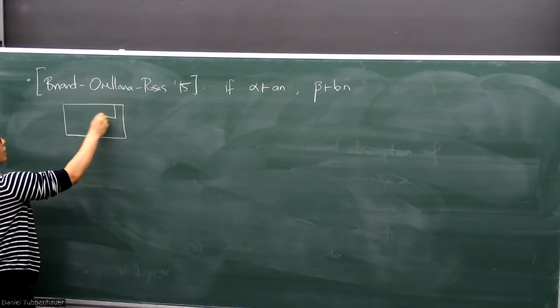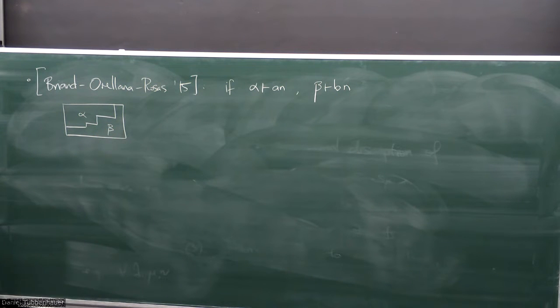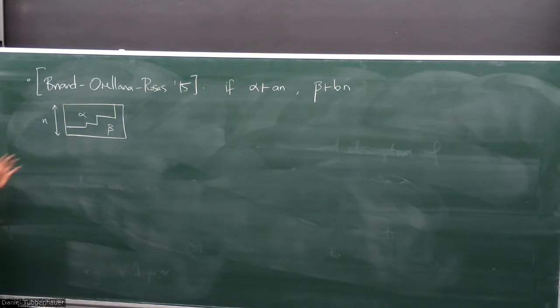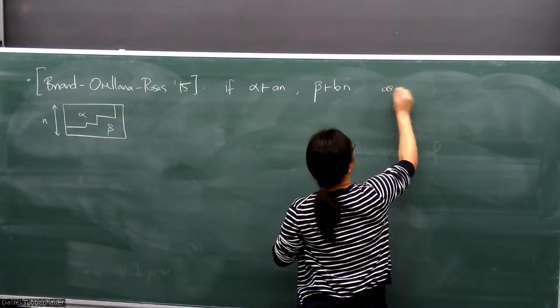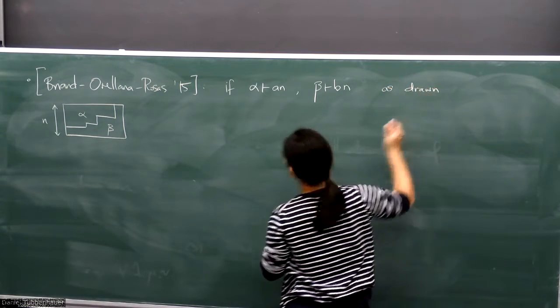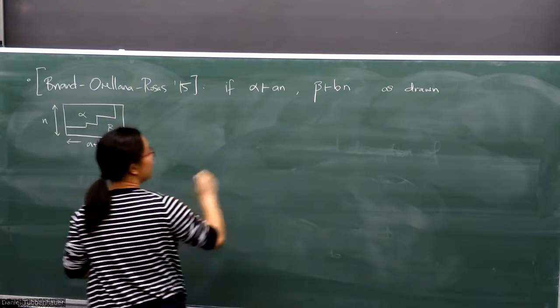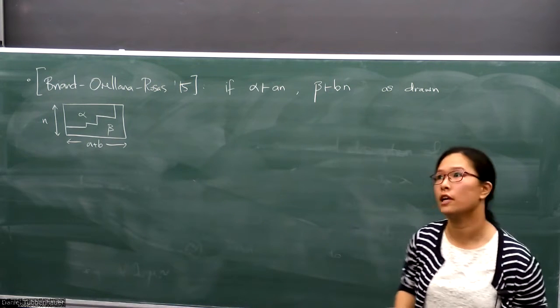If I take the Young diagrams of alpha and beta, then they should interlock together to make a height n rectangle, in which case I'll call alpha and beta rectangular complements. If this is the case, as drawn, of course the width here is equal to b. If that's the case, then the deflations of alpha and beta are actually really closely related to each other.